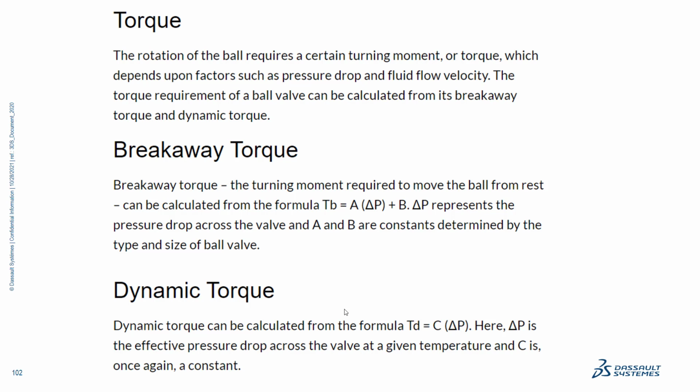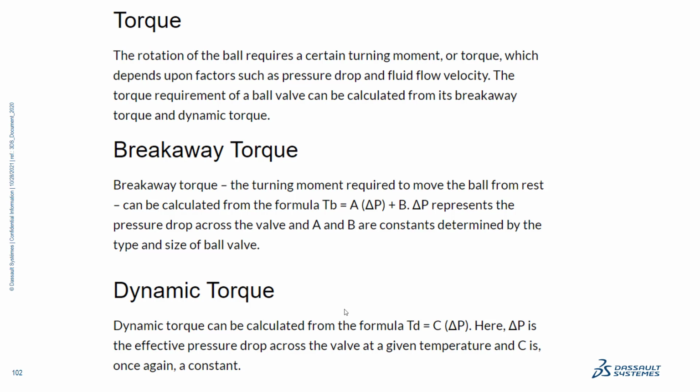To deal with this, we need the breakaway torque as well as the dynamic torque. So what is this breakaway as well as the dynamic torque? The breakaway torque is nothing but the turning moment required to move the ball from rest, so that the flow should start, which is maximum, right?